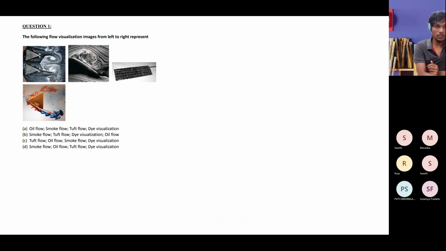The first one is an oil flow visualization, the second one is a smoke flow visualization, and the third one is a tuft flow visualization, where we arrange thread-like structures on top of the airfoil surface and see the pattern of the fluid flow movement. The last one is dye flow visualization.